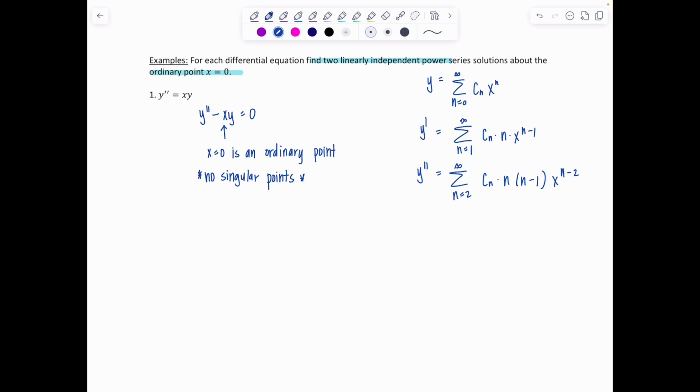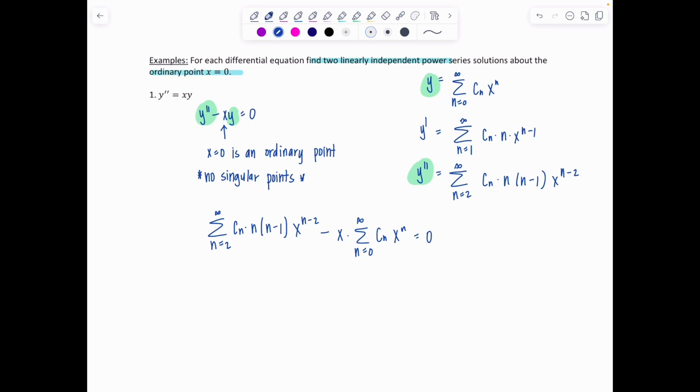All right, I'm going to substitute those series representations for y double prime and for y into the differential equation. So now we have the sum, n equals 2 to infinity, c sub n times n minus 1, x to the n minus 2, minus, then we have x times y, which is the sum, n equals 0 to infinity, c sub n x to the n equals 0.